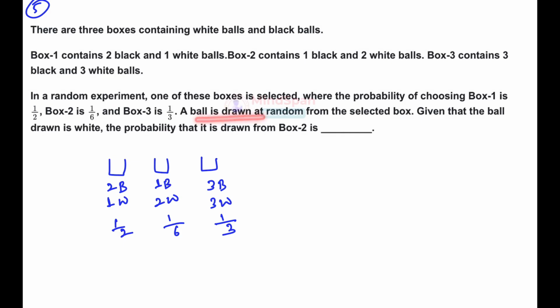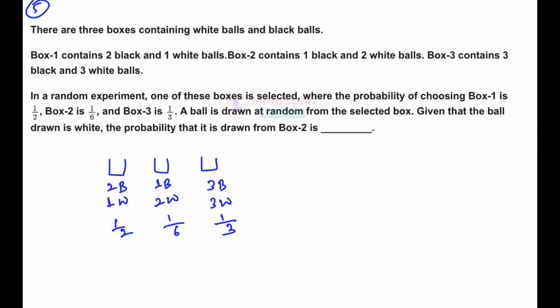A ball is drawn at random from the selected box. Given that the ball drawn is white, the probability that it was drawn from box 2 is? So this is a very easy question based on conditional probability.